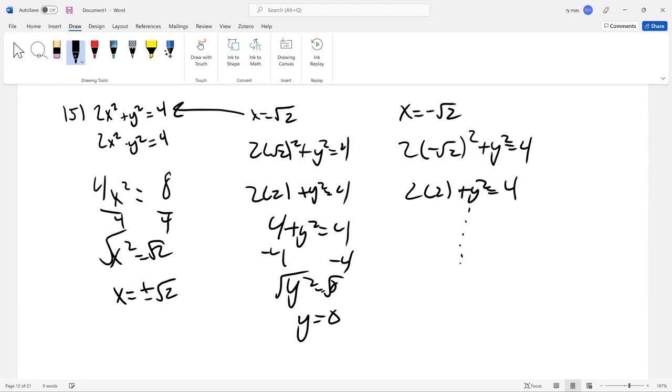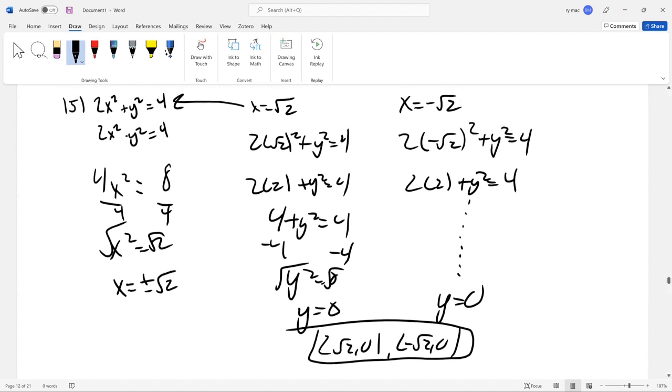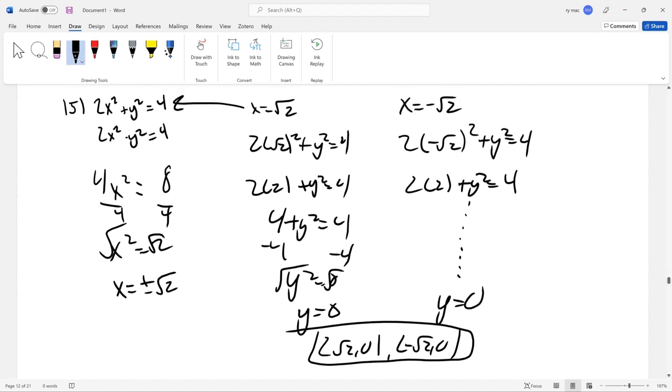So doing the same math, you'd end up getting y is also equal to 0. So your two solutions are square root of 2 comma 0 and negative square root of 2 comma 0. Don't just assume that you're going to get the same answer. Definitely go through the process and plug it in. But in the cases where it has the x squared, the positive and negative don't really matter at all.